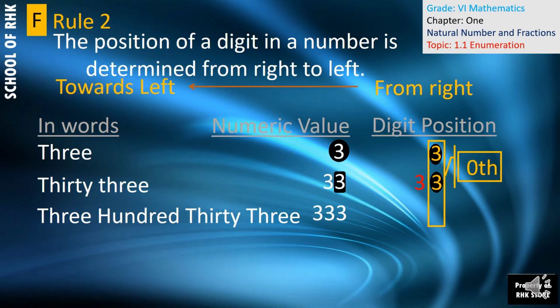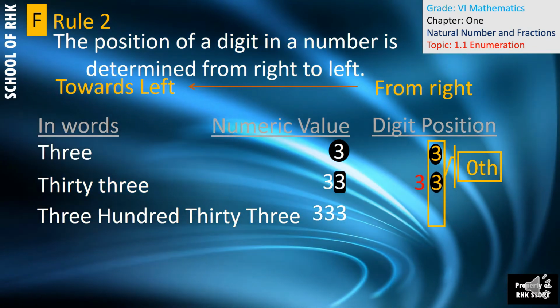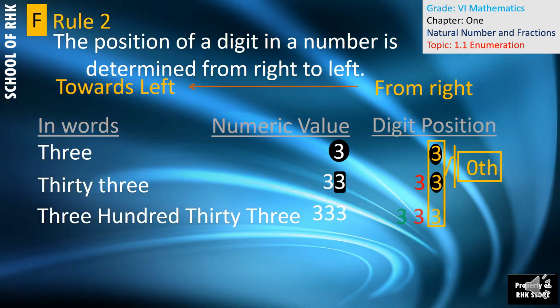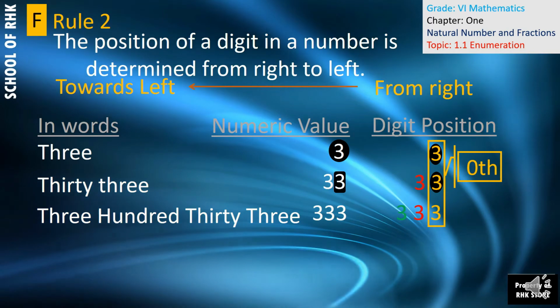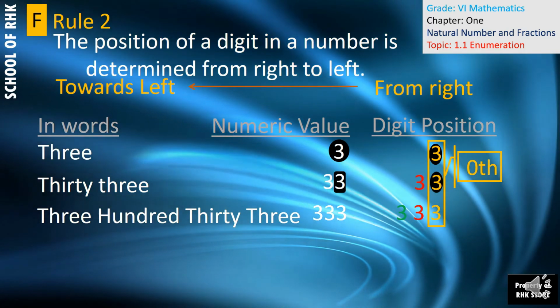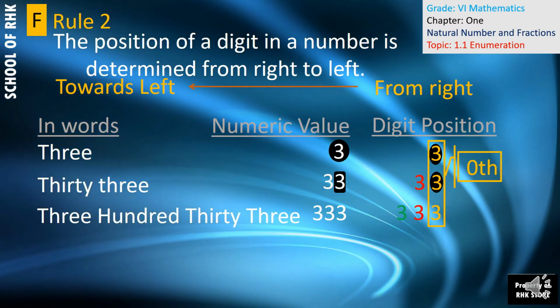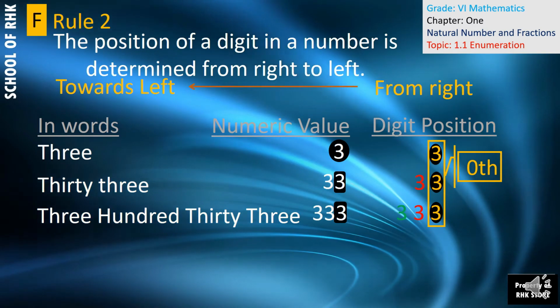The next number is 333. If we put 3, 3 and 3 together, we can make 333. If we look at the position of the number, then the 3 on the extreme right is the 0th position of 333.